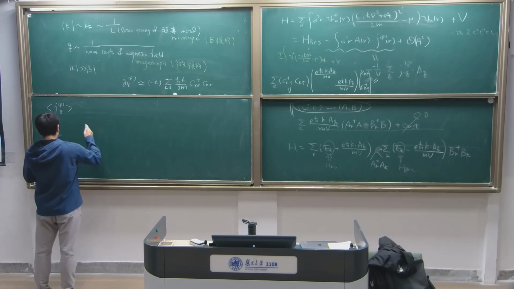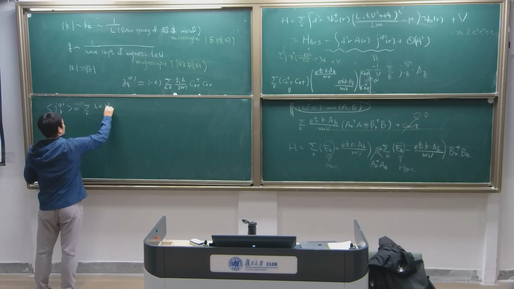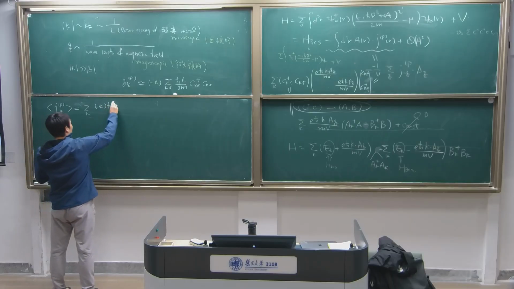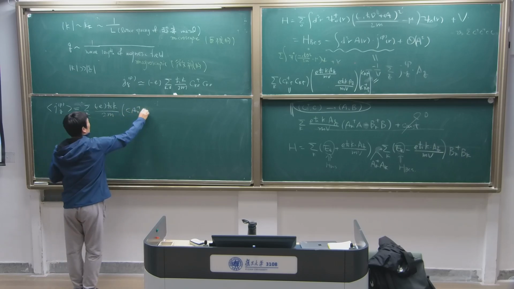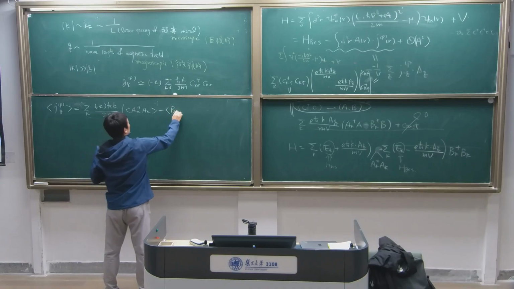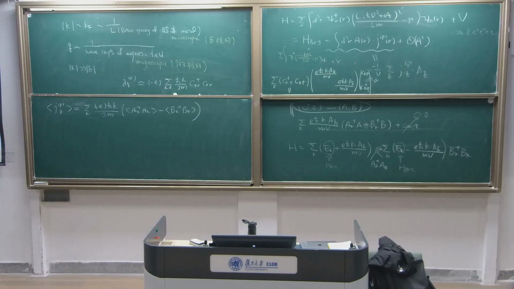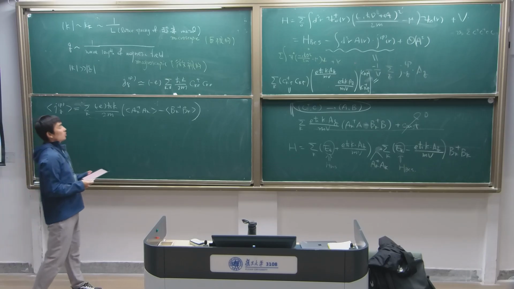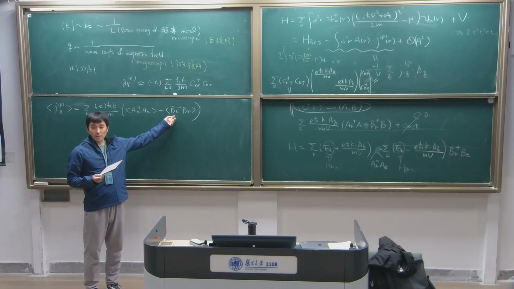And this time it's very easy: sum over K. This is the distribution function for this quasi-particle.